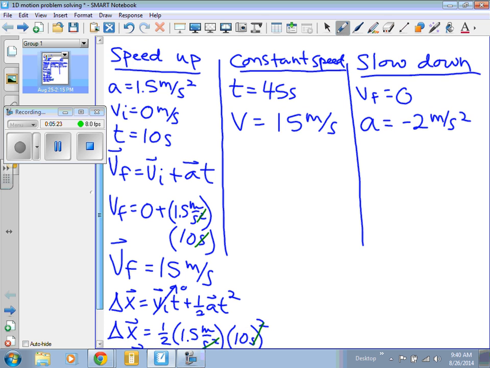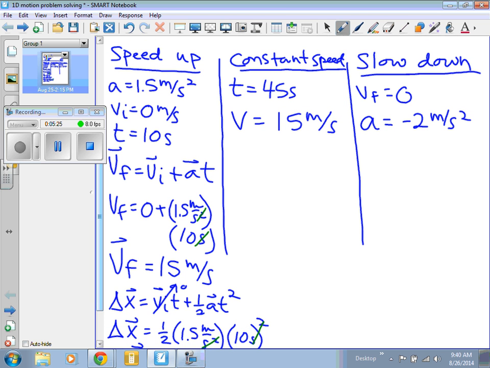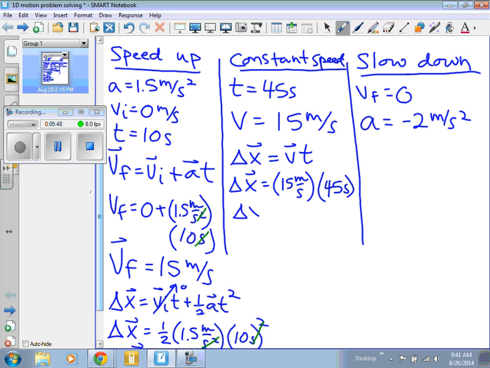Now let's move to the constant velocity part. Now in this part, it's pretty easy. We can just use delta x is equal to vt, and that's one of our constant velocity equations. So we just multiply our velocity times our time. So we have 15 meters per second times 45 seconds. And we can double check our units there.